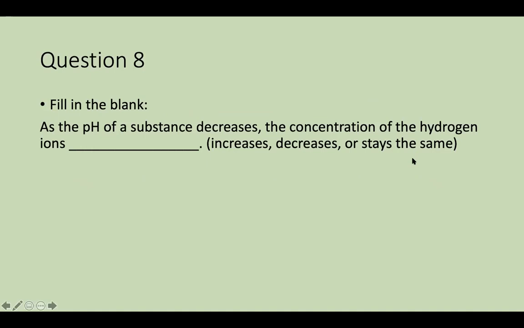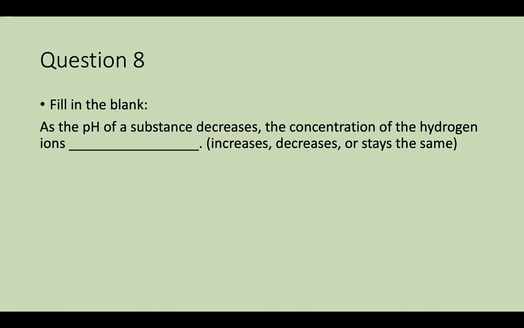So as this goes into the chemistry lab now. As the pH of a substance decreases, so we're going down on the pH scale, the concentration of the hydrogen ions does what? And this was basically a huge part of that chemistry lab that we talked about, the weird negative log aspect of the pH scale.